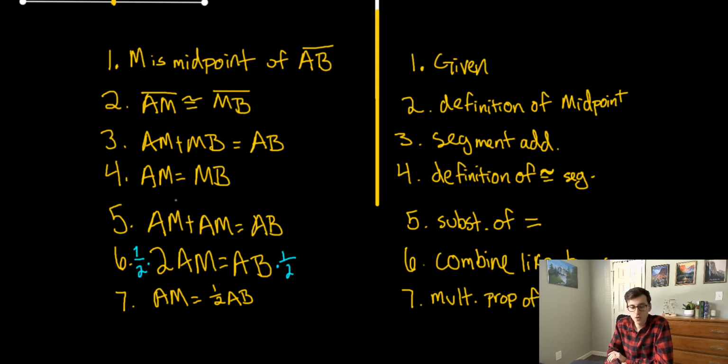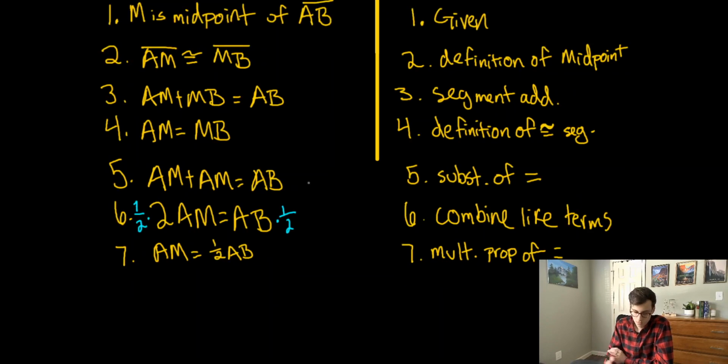And then earlier, remember we said AM equals MB. So last up is another substitution. Or, this isn't really substitution, because now I'm saying MB equals 1/2 AB. It's kind of a special type of substitution.